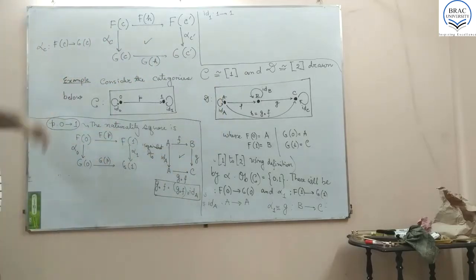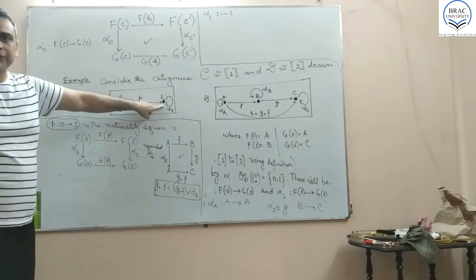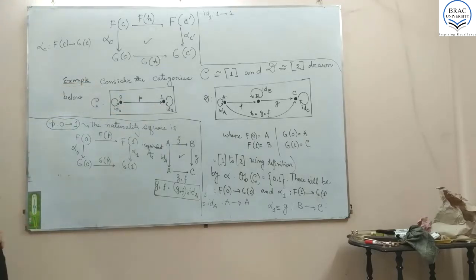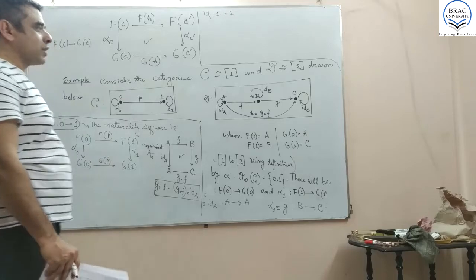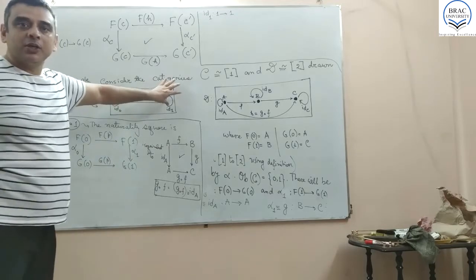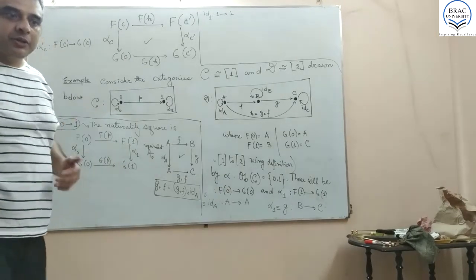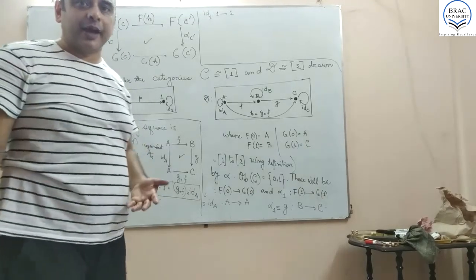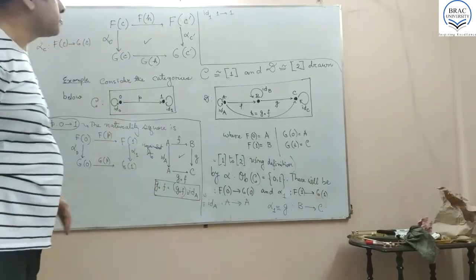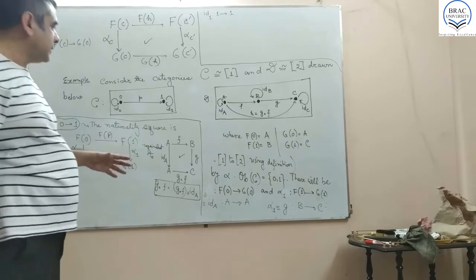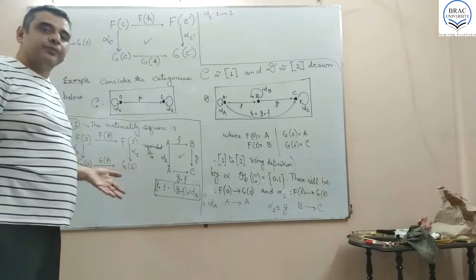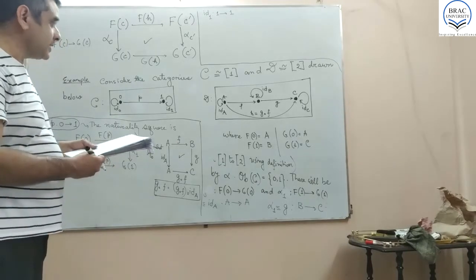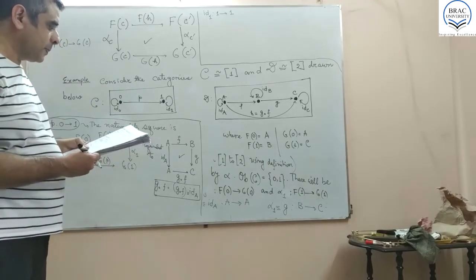This morphism I'm choosing from the domain category. And what will be the naturality square associated with that morphism? That naturality square should also be a commutative diagram, so that the underlying transformation is a natural transformation. So let's see if that's a commutative diagram.